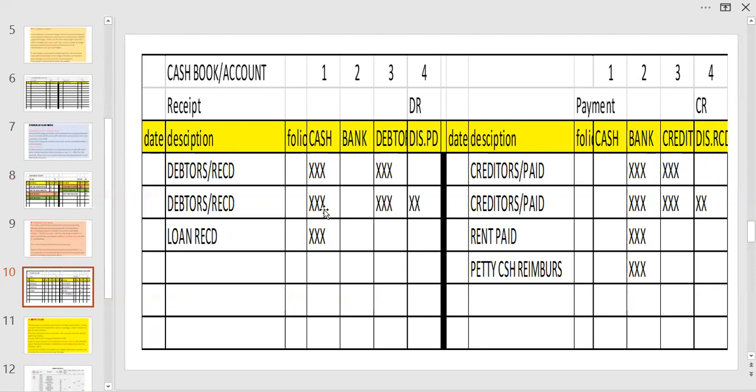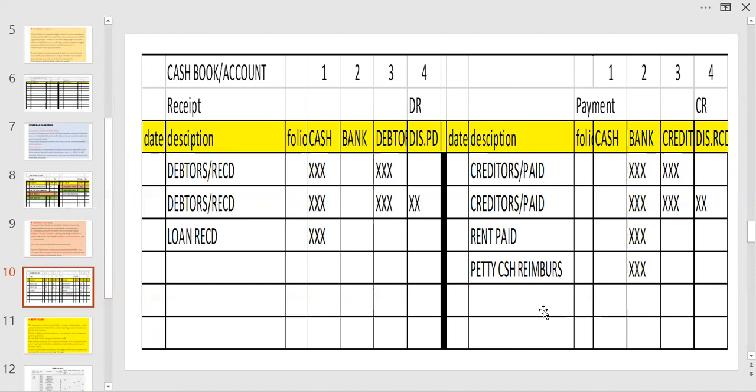Not only that, if two more separate columns are provided, you can enter discount paid and discount received respectively without having to journalize them.